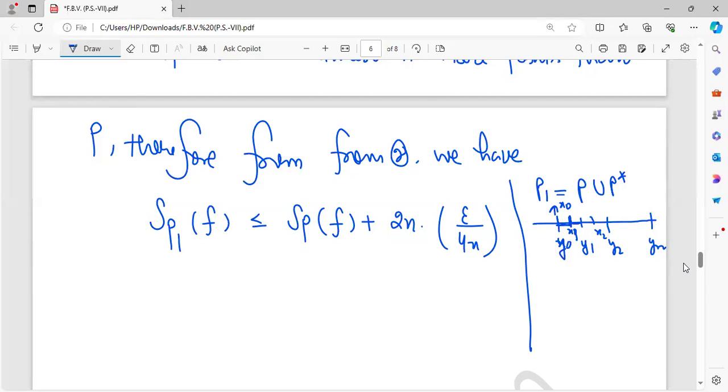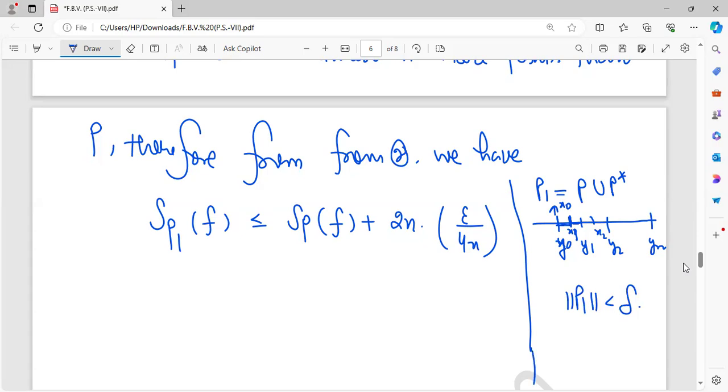The norm of partition P1 will be less than delta, because we are adding these points in between. Norm will be less than delta.